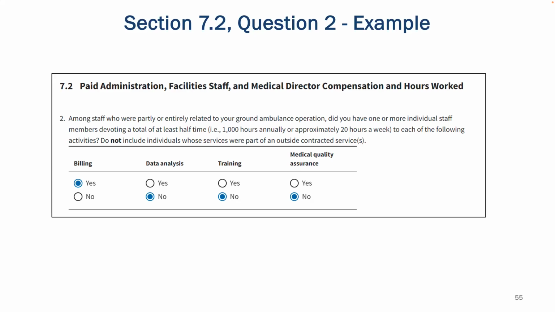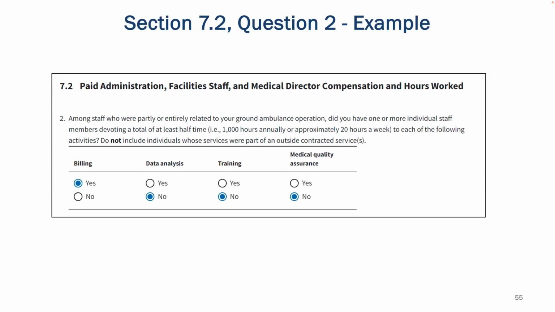The EMTs will train new EMTs, but not more than 20 hours per week. The medical director spends most of her time at the ground ambulance organization on quality assurance, but only works 9 hours per week total. So in this case, the organization answers yes for billing, but no for data analysis, training, and medical quality assurance.